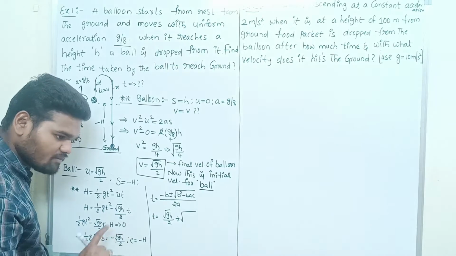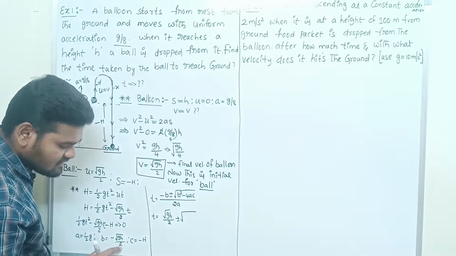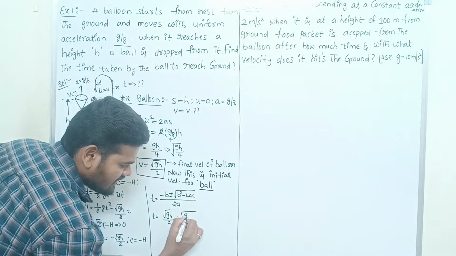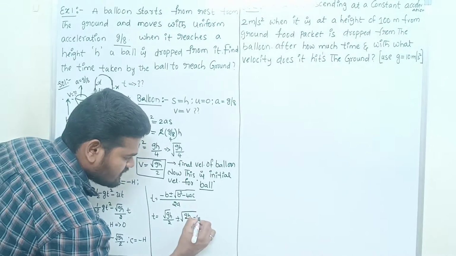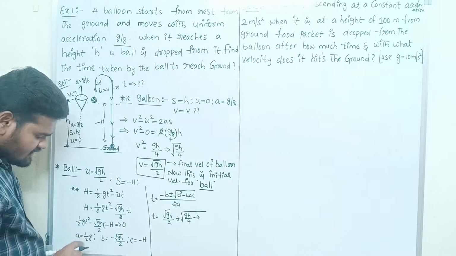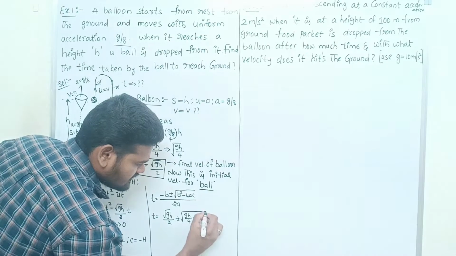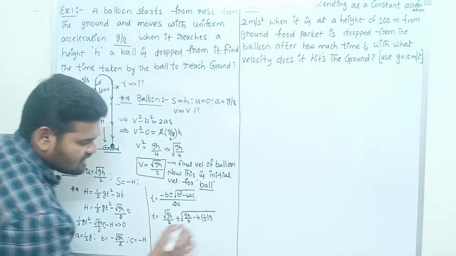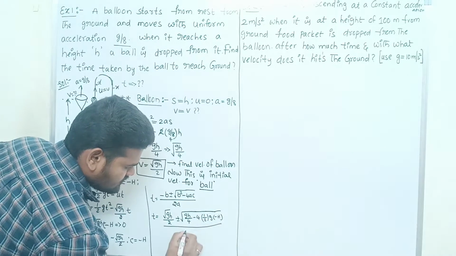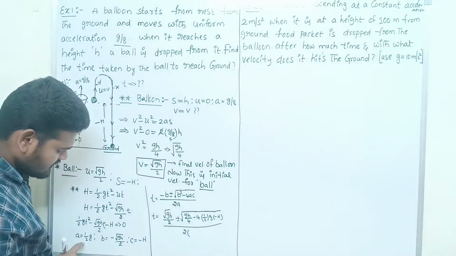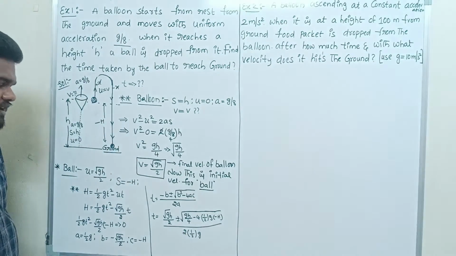If it is squared, minus becomes plus and the square root gets cancelled out. In the square, the 2 becomes 4. I'm just writing directly. So gh by 4 minus 4 into a. What is a? a is equal to half g, 1 by 2 into g. So c, what is the value of c? Minus h, divided by 2 into what is the value of a? 1 by 2 g. Are you getting any doubts?